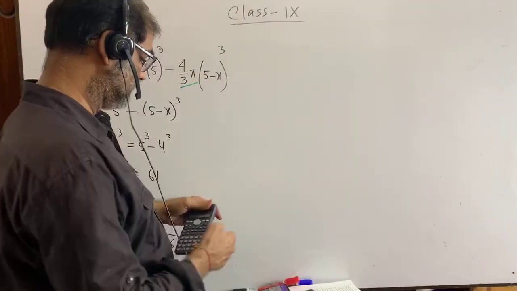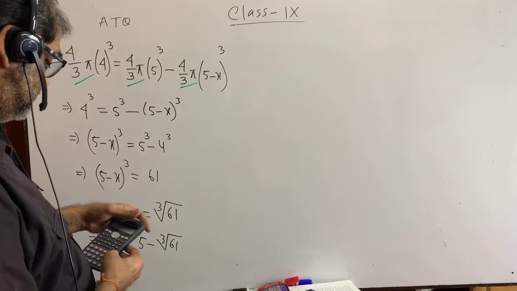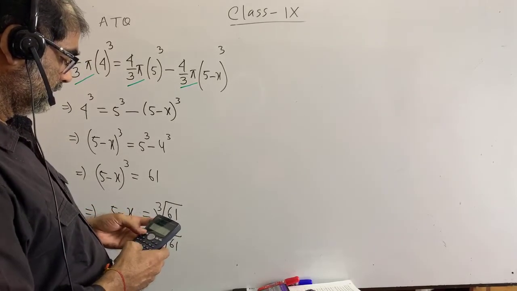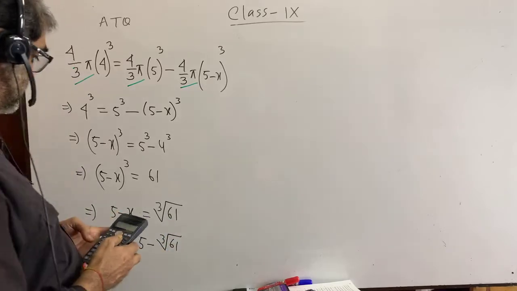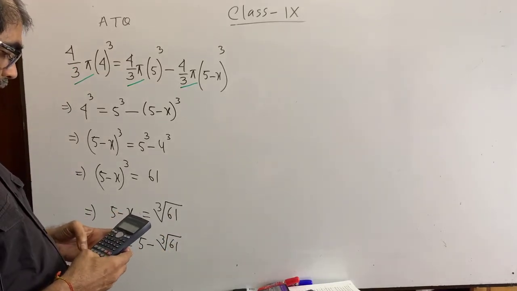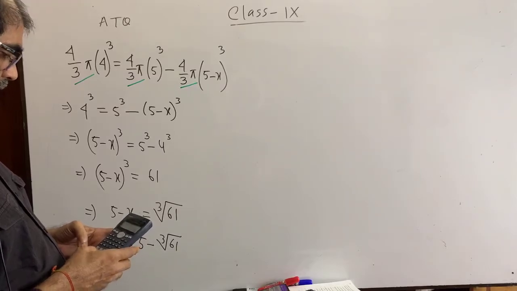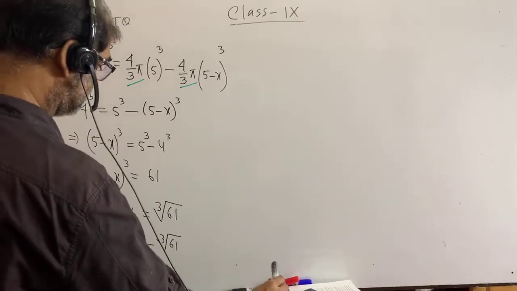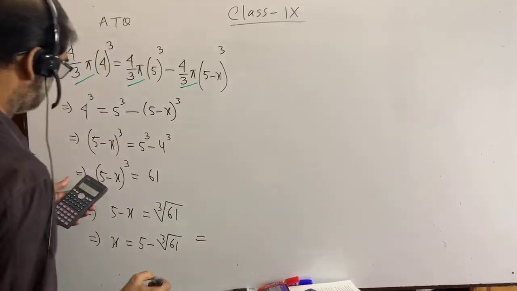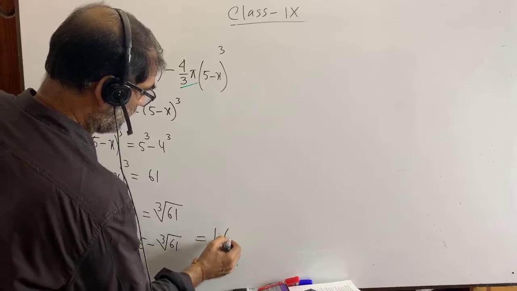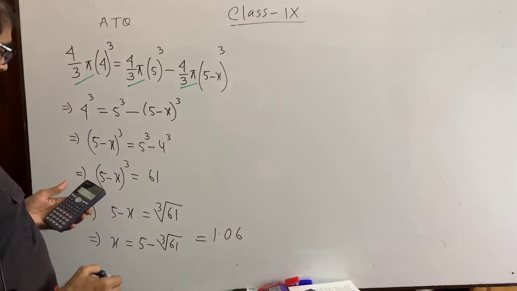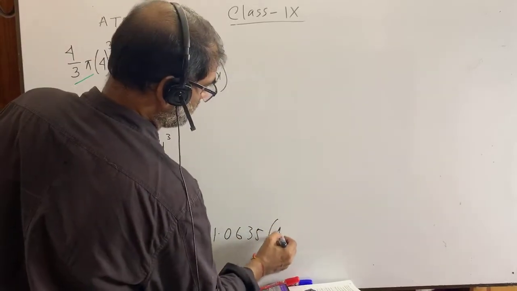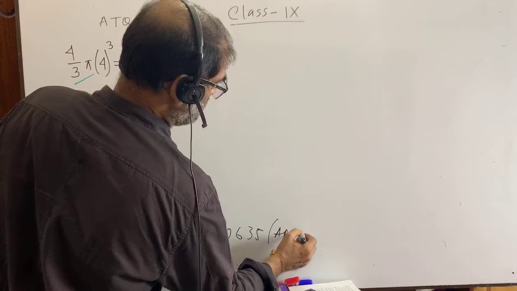Here I have got the calculator. Okay, I have got the answer here. It is actually, write down, 1.0635 approximately.